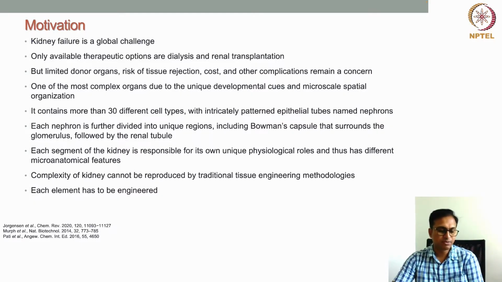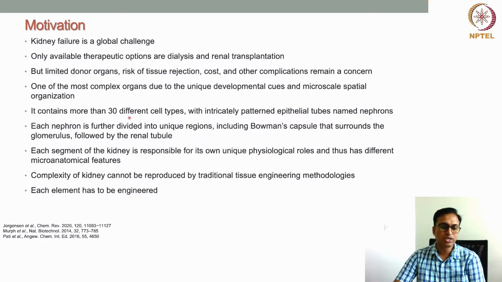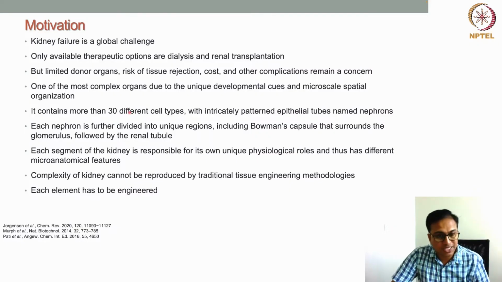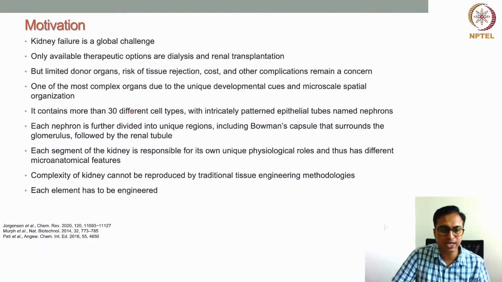The structures are present at different levels, and the function of the kidney depends on all of them. They also have unique developmental cues and microscopic spatial resolution. Another important thing to consider is that the kidney contains more than 30 different cell types, and their functions are very different. So creating a structure with this many types of cells is a humongous challenge.